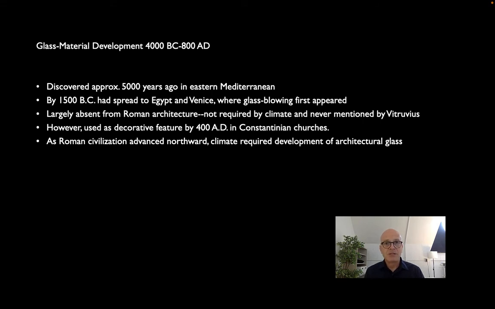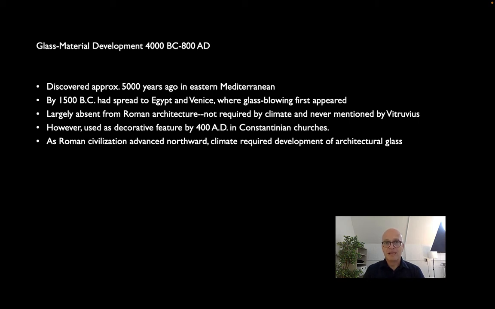Glass is mostly a material of the Western world. Its discovery occurred in the Eastern Mediterranean back around the time we were looking at the earliest Egyptian constructions. And it spread by 1500 BC or so to both Egypt and to Venice, which became, just on the basis of its being able to import both fuel and sand, one of the leading glass manufacturers and therefore one of the leading centers of glass innovation in the world.